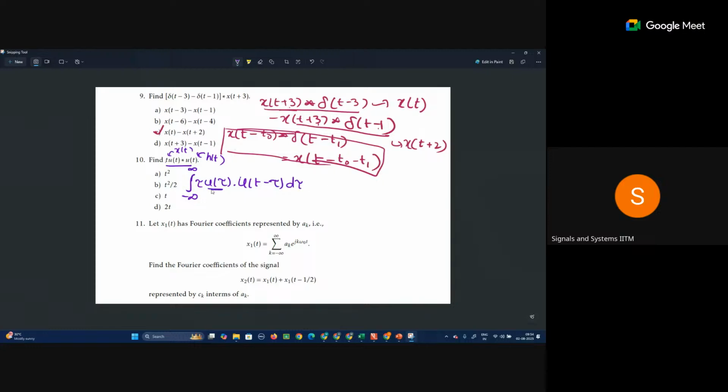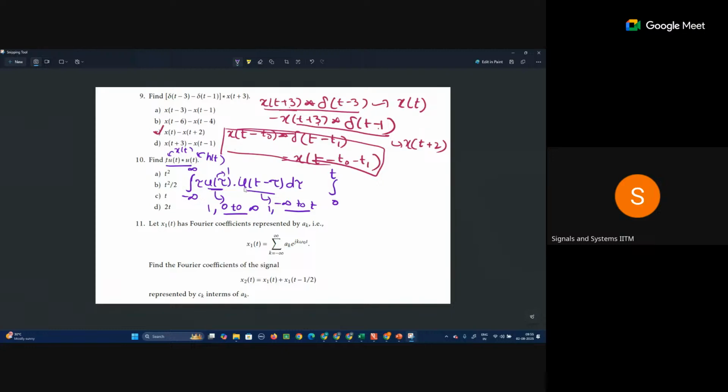Since u of tau is 1 from 0 to infinity, and the other is from minus infinity to t, the common region will be from 0 to t. We have to see the common region over here.